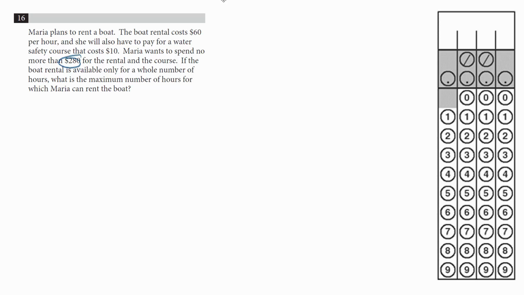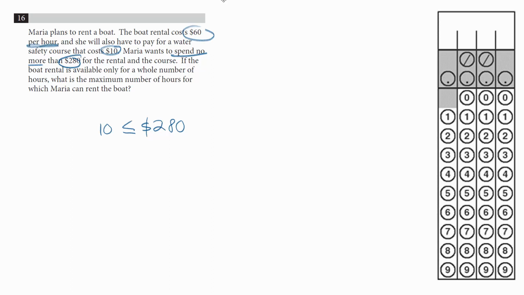So we know that the total cost is 280, and she can spend no more than that. So if 280 is the final price, she can spend less than or equal to that amount. Now she has to spend $10 on the course, and then she has to spend $60 per hour.